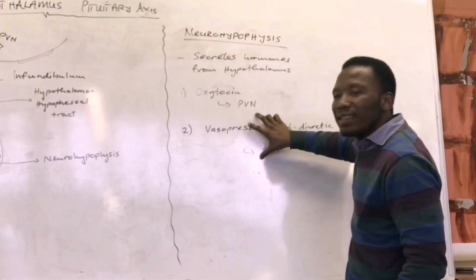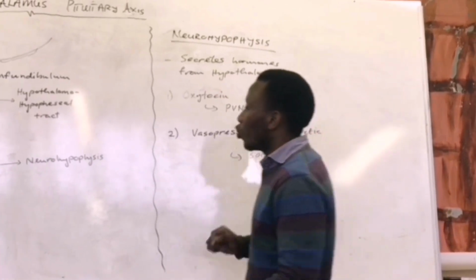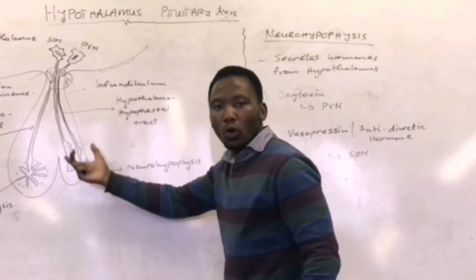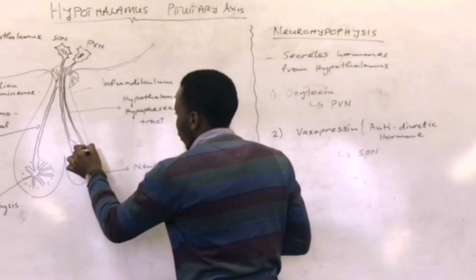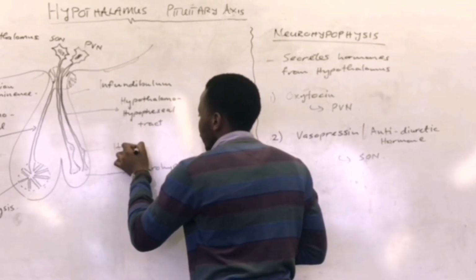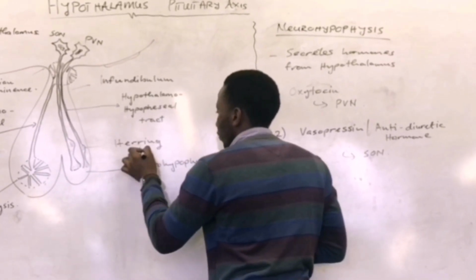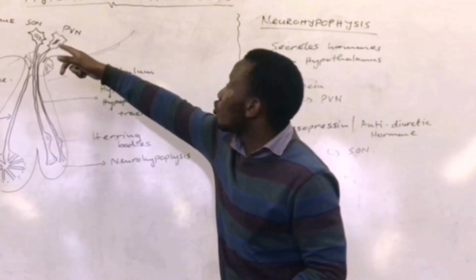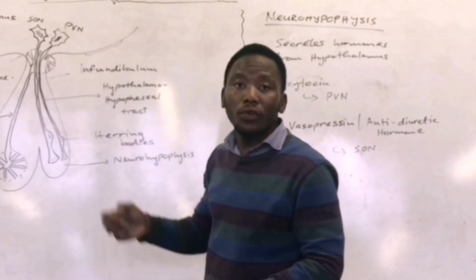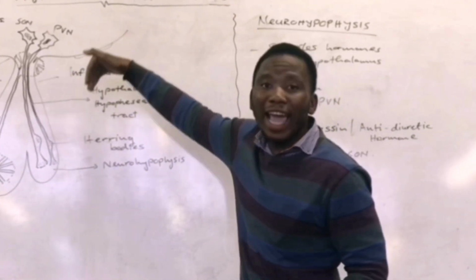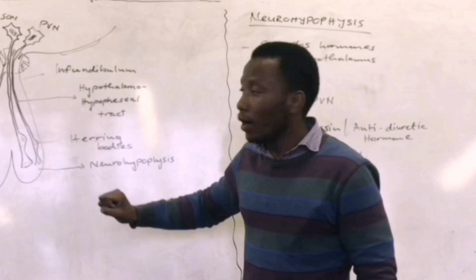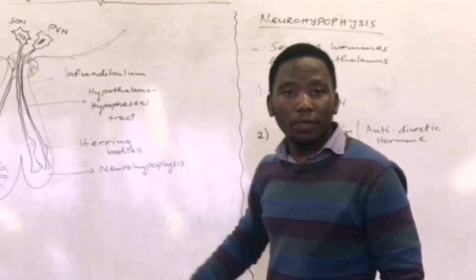These hormones are synthesized in the hypothalamus. They will be stored in little nodules in the axons of the posterior pituitary gland. We call these the herring bodies. When a stimulus reaches the supraoptic nucleus and paraventricular nuclei, they will send an action potential which will stimulate secretion of these hormones into your blood vascular system.